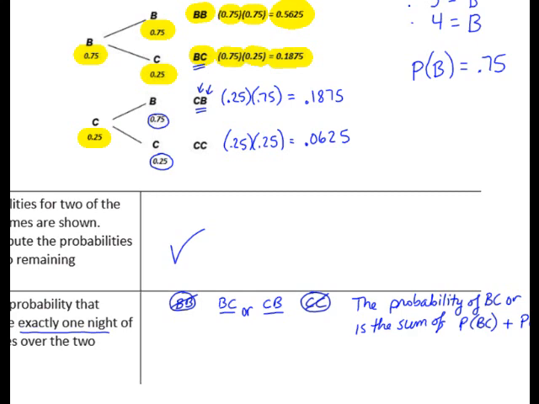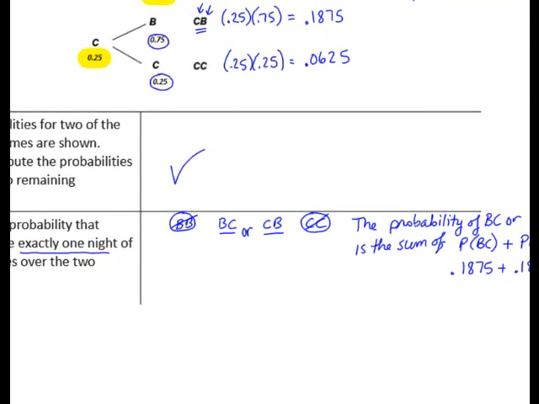The probability of BC, we have that from our previous problem, and that was 0.1875. The probability of cards then a board game is also 0.1875. The probability that we'll be doing one or the other, and the answer is 0.375. And that is the probability that there will be exactly 1 night of board games.